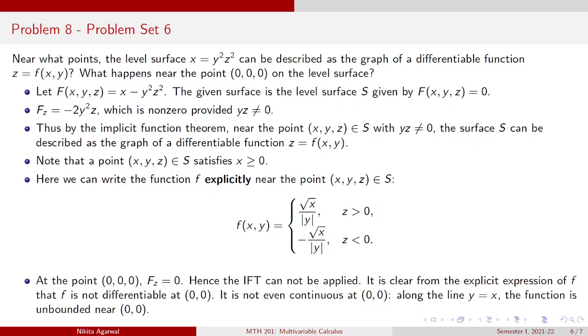Okay, because if y is equal to x, this is like 1 by square root x, right? And 1 by square root x becomes unbounded. So there is a problem at (0, 0, 0). You can't have an explicit expression or even an implicit expression. So there is no possible expression that works out.